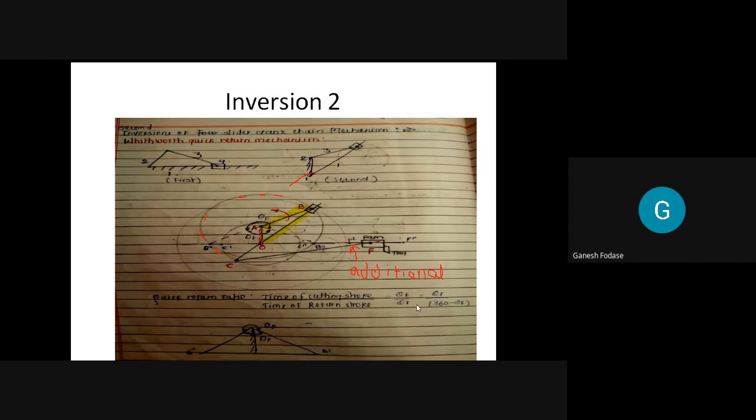We can say the forward stroke is slow: the cutting stroke takes more time, while the return stroke takes less time. Hence, as the return stroke is quicker or faster, we call this mechanism a quick return motion mechanism, devised by Whitworth. Hence, it is called the Whitworth quick return motion mechanism. So I tried to explain the Whitworth quick return motion mechanism here with the help of this diagram. Is it clear?